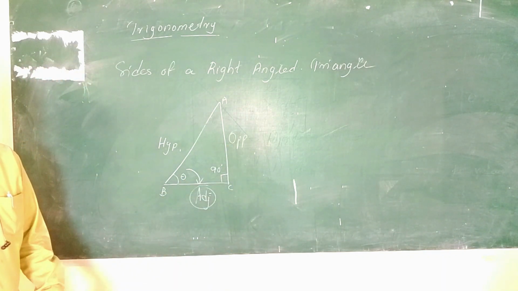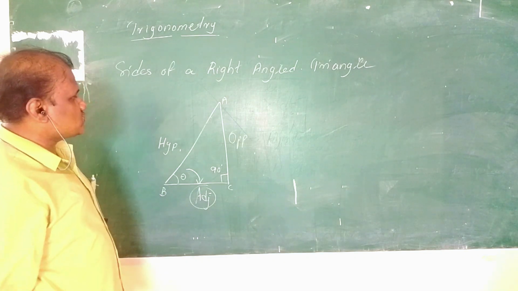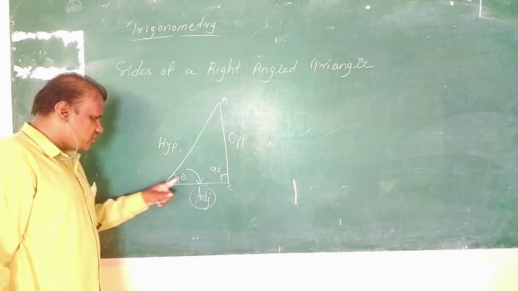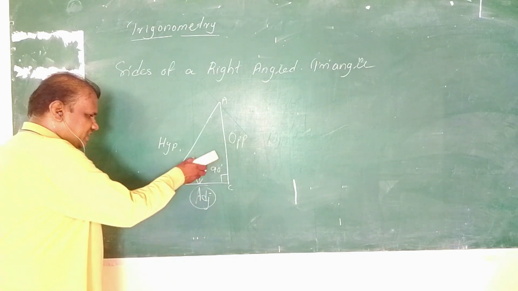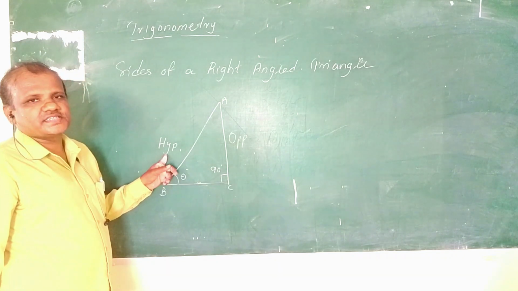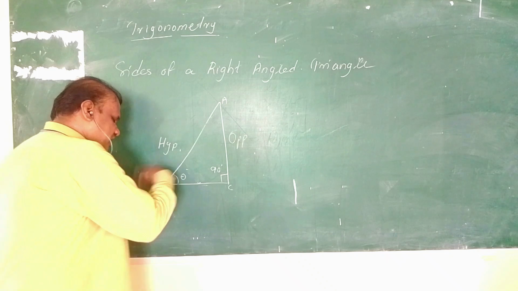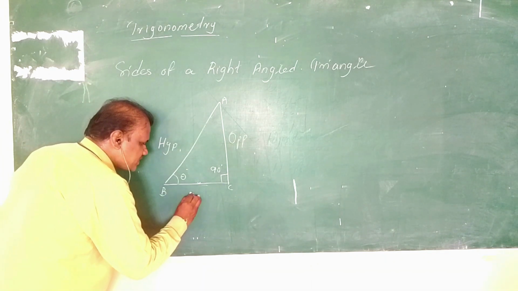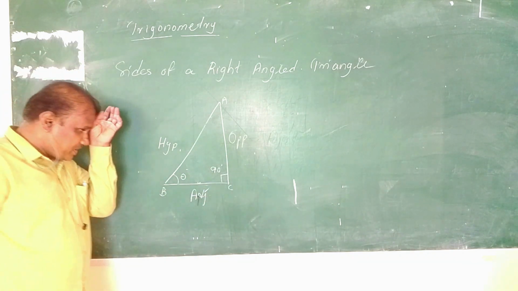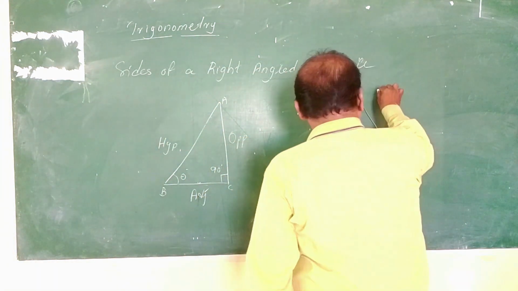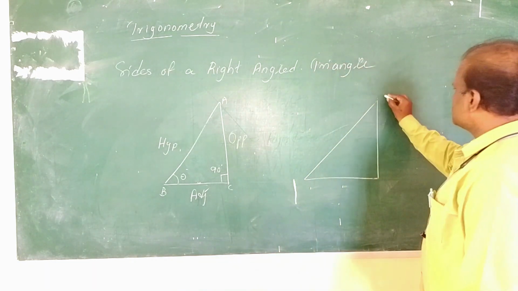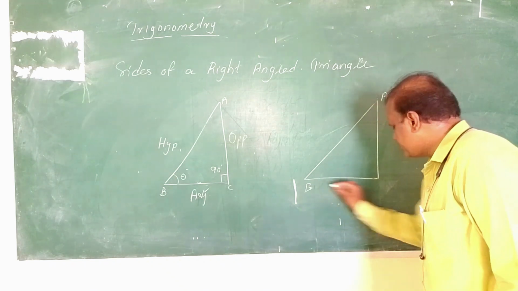This type of triangle is called a right angled triangle, in which the opposite side of theta is called opposite, the opposite side of 90 degrees is called hypotenuse, and the adjacent side of theta is called adjacent. This is with respect to the angle located at B. Similarly, I am going to identify the three sides again, in the same right angled triangle ABC.